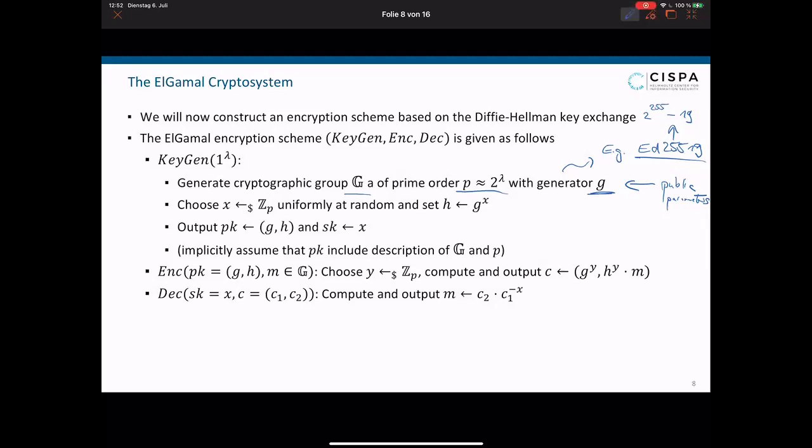There you have moduli of size 2 to the 4096, right? That's an order of magnitude bigger than what you have for this group. Getting ahead of ourselves here, but this is actually very small for public key crypto standards.